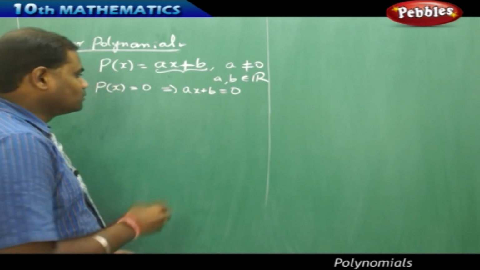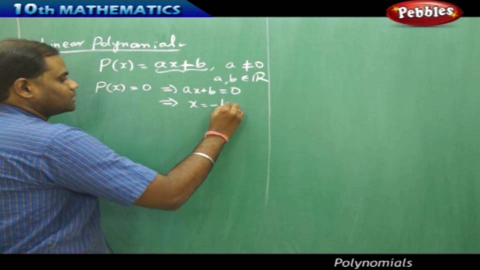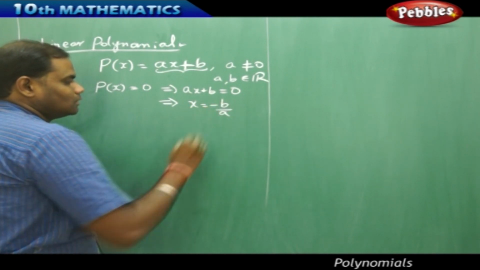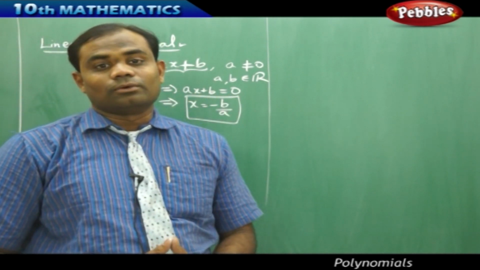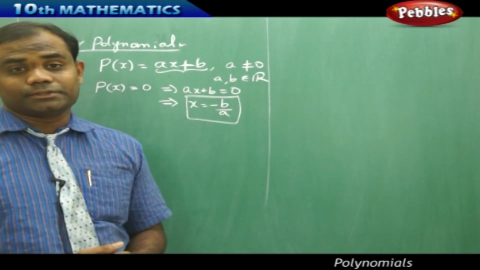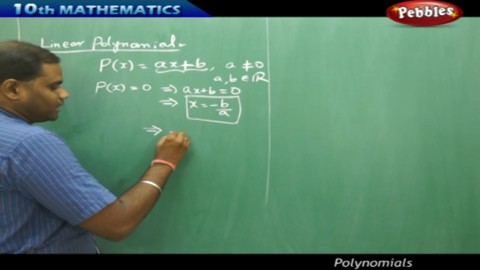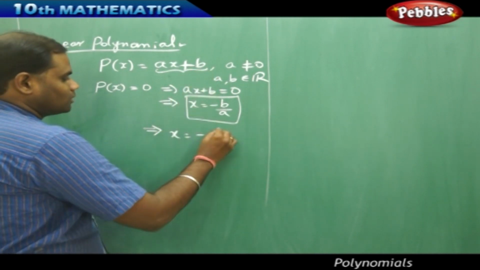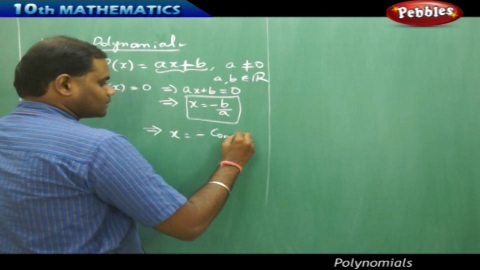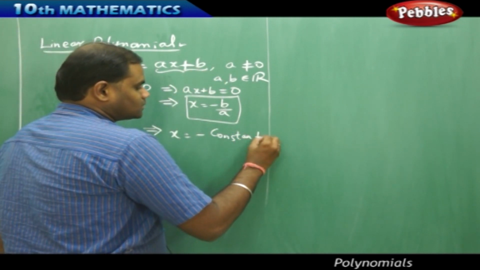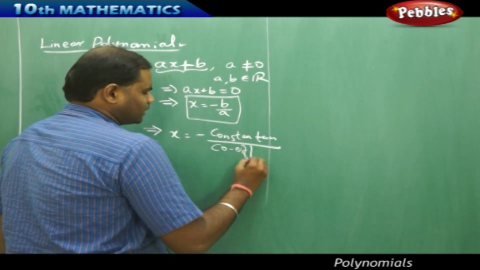Now when I extract the value of x, I understand here that my x will be negative b over a, so that this value of x is the zero of the polynomial, which is the linear equation, negative times b by a. This can also be read as negative times the constant term, because here b is the constant term in the linear equation, negative times the constant term by a, which is the coefficient of x.